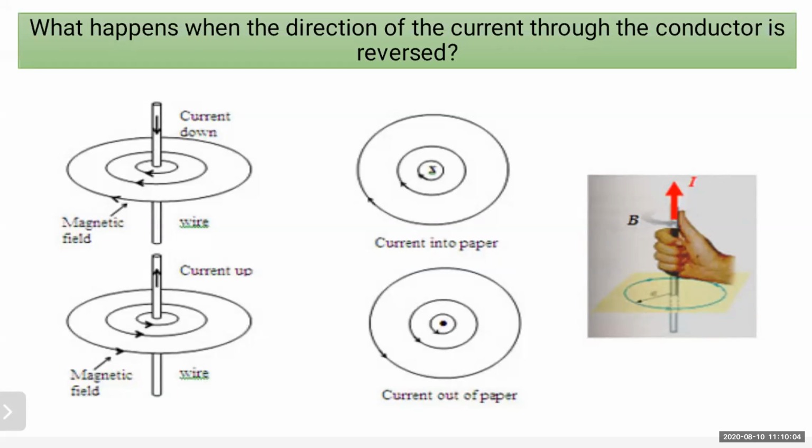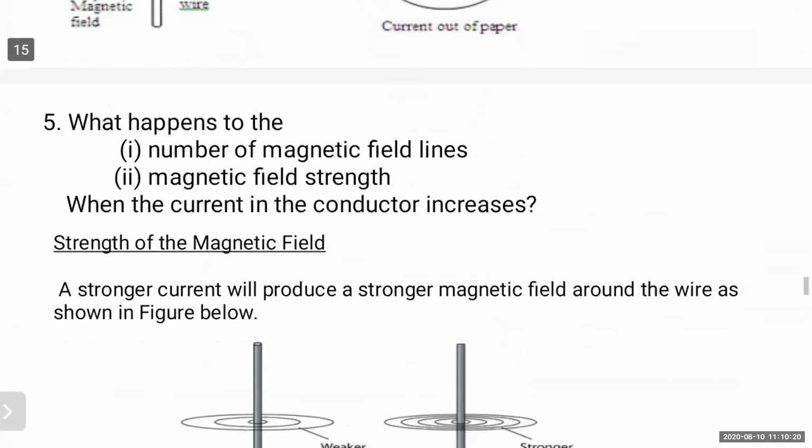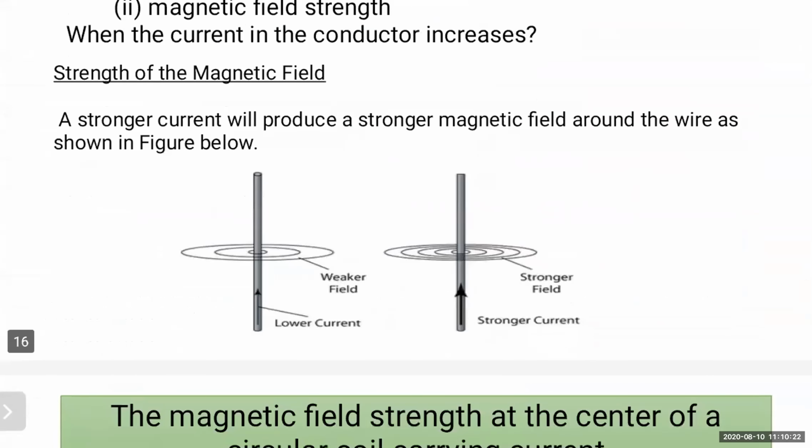Look at the diagram. The magnetic field shows two directions, one anti-clockwise and another clockwise. A stronger current will produce a stronger magnetic field around the wire.